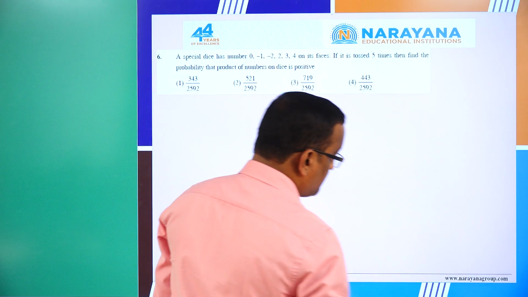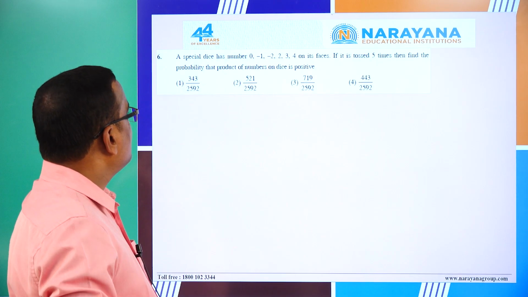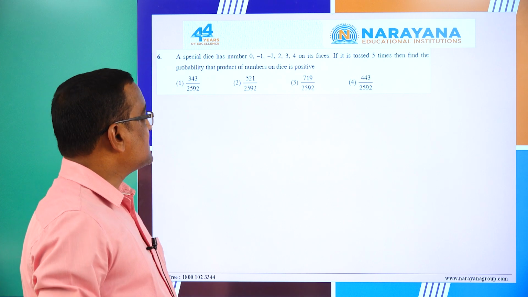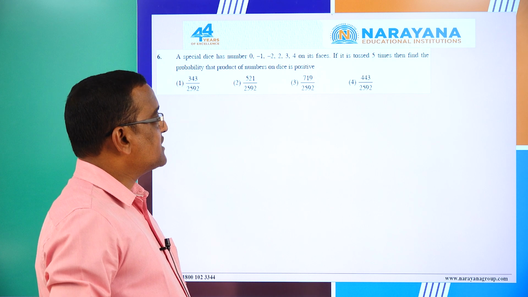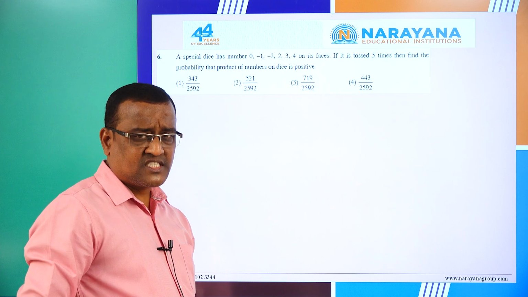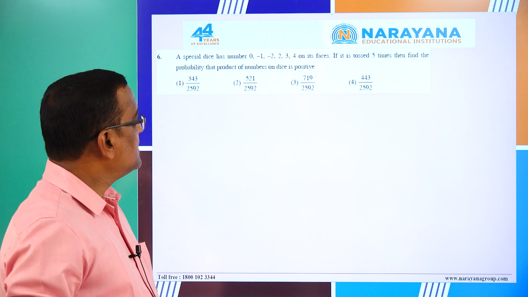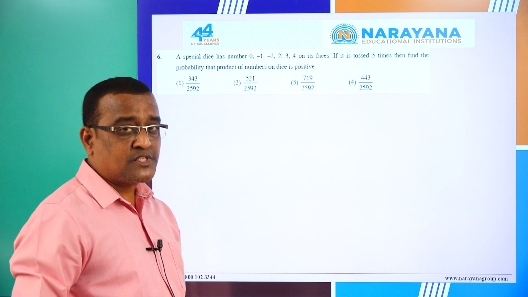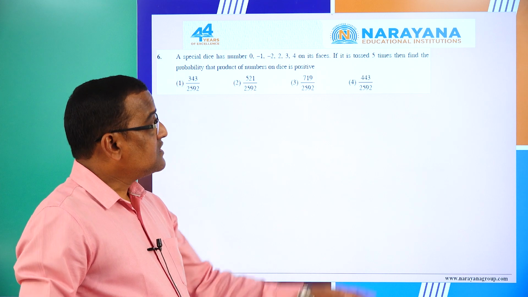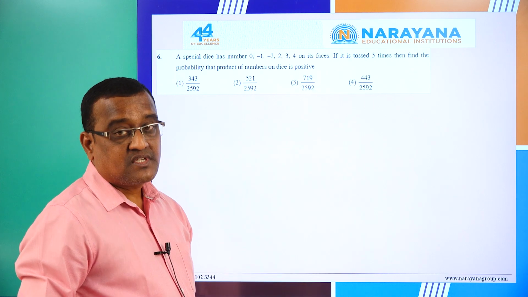Coming to the next one. A special die has numbers 0, minus 1, minus 2, 2, 3, 4 on its faces. If it is tossed 5 times, then find the probability that the product of numbers on the dice is positive. Here we are tossing this 5 times.